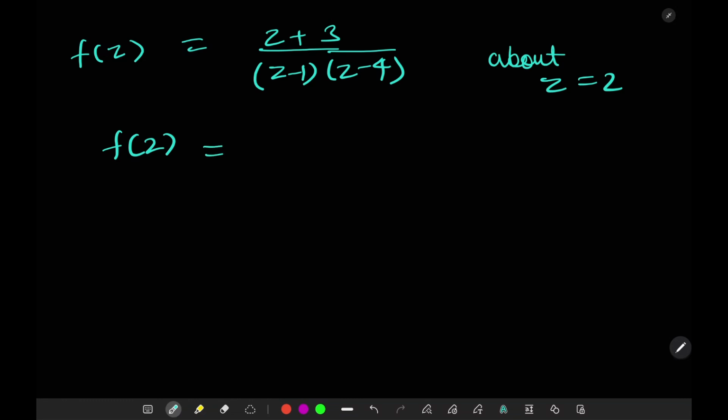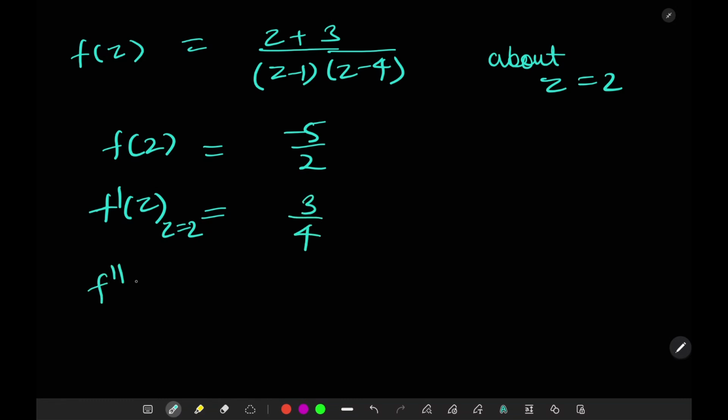Putting here the value of z equals to 2, we get here minus 5 by 2, and differentiate f(z), and putting z equals to 2 we get 3 by 4. And similarly if we differentiate 2 times and put z equals to 2 we get minus 13 by 4.